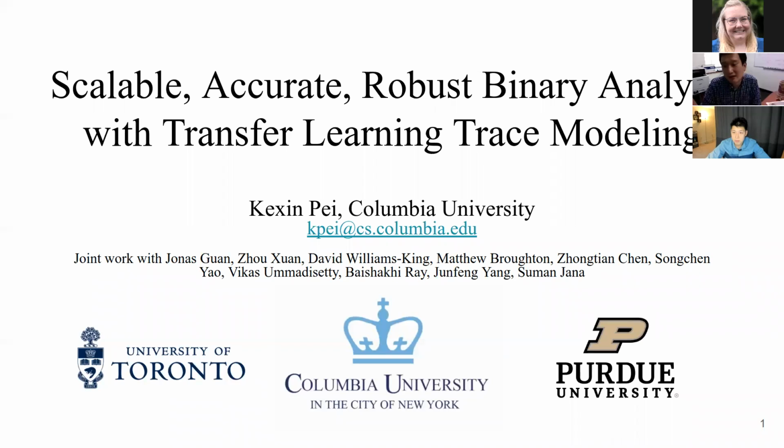His research interests broadly lie in security, systems, and machine learning, especially with a focus on developing machine learning architectures to understand program semantics and using them for program analysis and security. So it's kind of like a joint of machine learning and program analysis. It's a very trending topic this year. With that said, he's going to present a talk on scalable, accurate, robust binary analysis with transfer learning trace modeling. So let's welcome him.